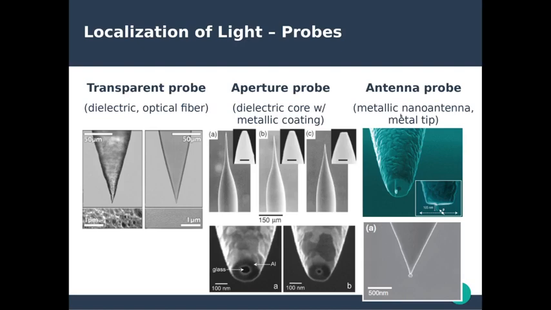And then the last one is what we call an antenna probe, which are just nanoscale antennas that are placed at the end of either an aperture probe or a transparent probe, or even just a metallic probe. So this is a gold nanoparticle at the tip of an optical fiber, and this is a gold nanorod which is placed on this gold aperture probe.